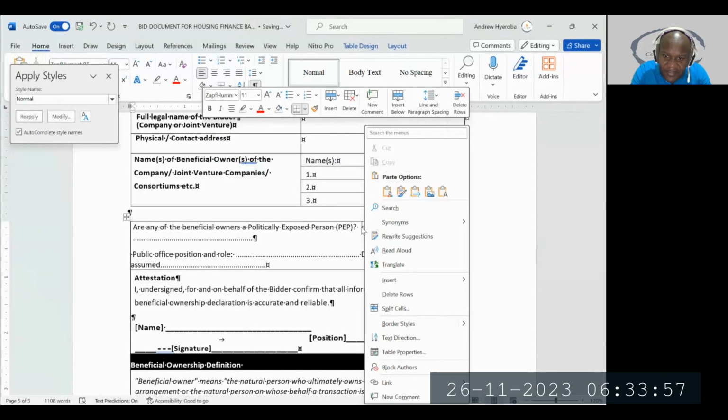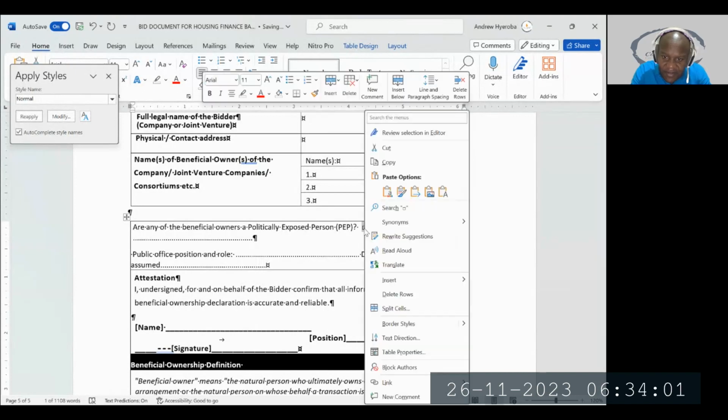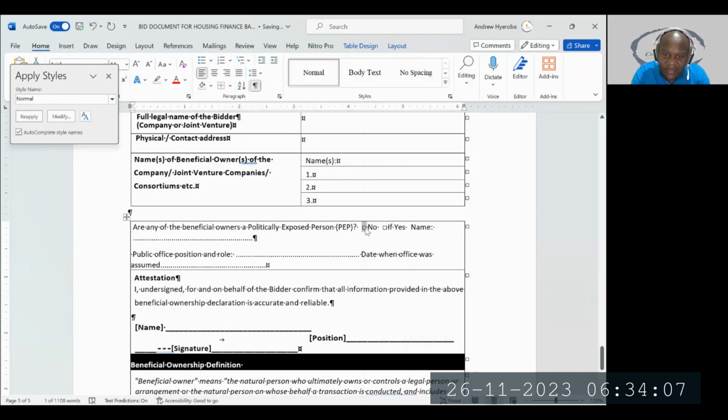Is this a text box? Okay, so this is supposed to be something with a check mark where you can select. Unfortunately, it isn't enabled, so I have to go into Microsoft Word and enable this. That shouldn't be a problem.